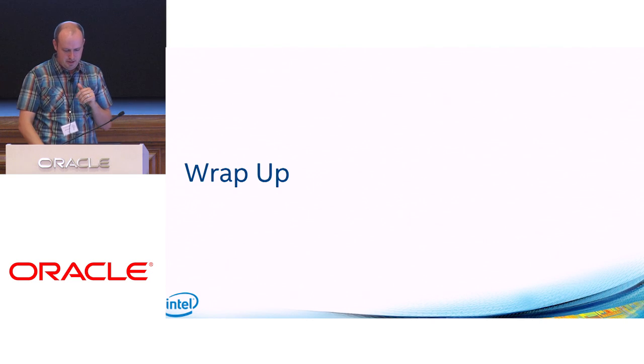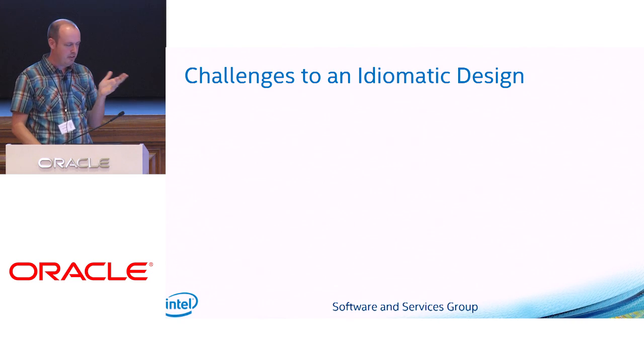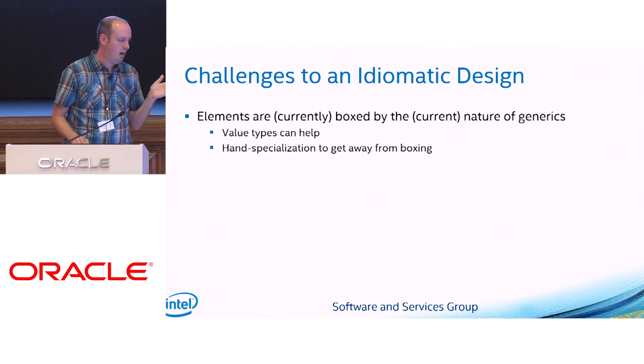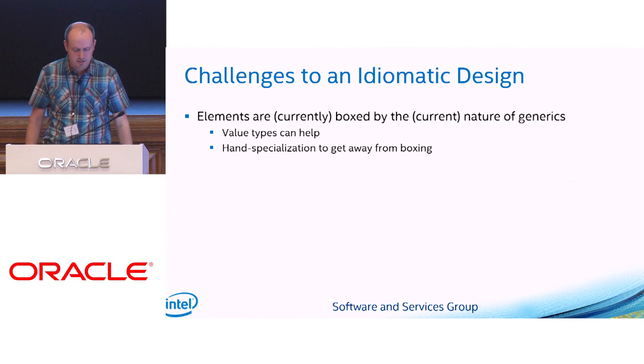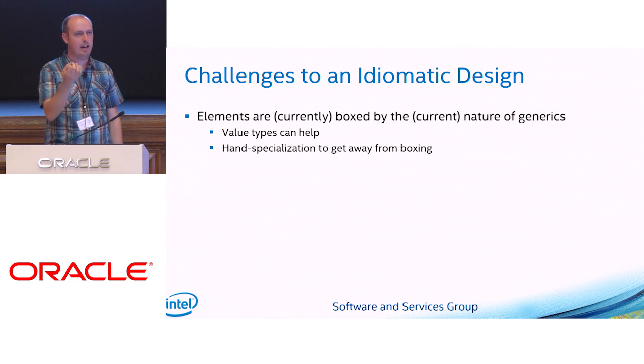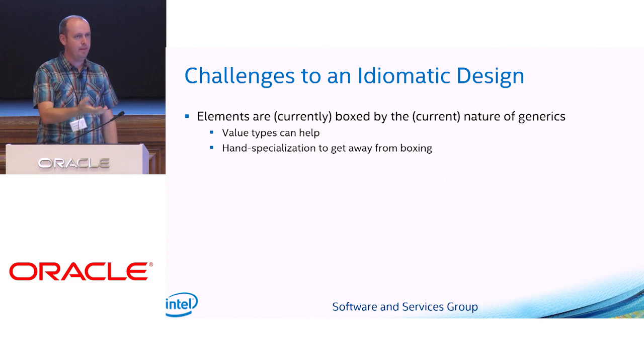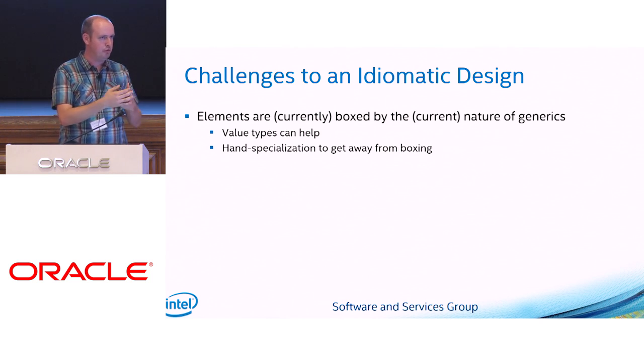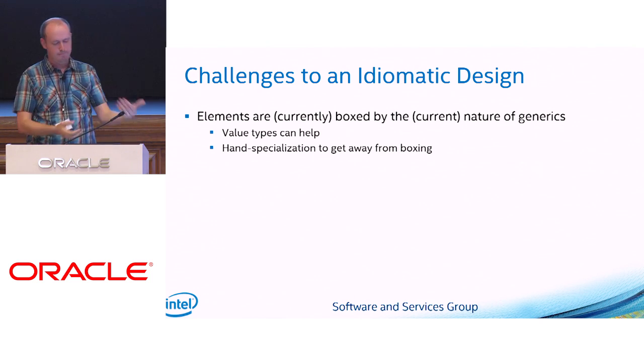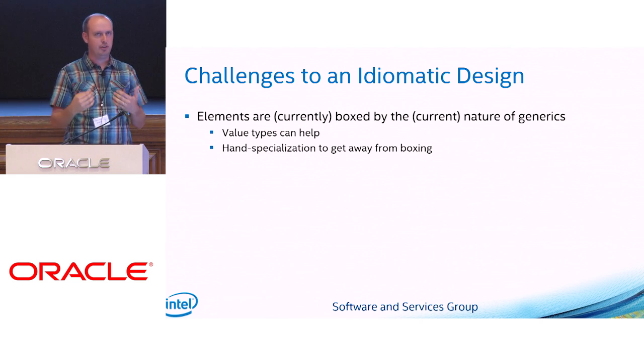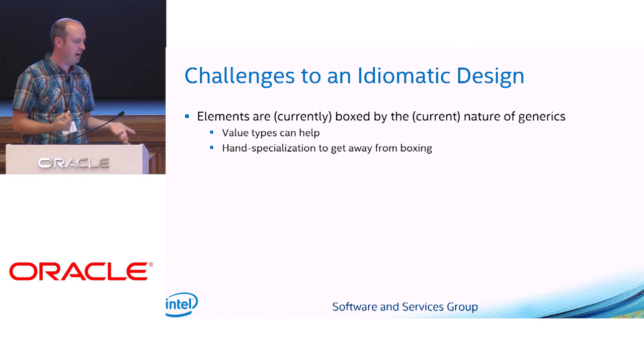So the wrap up. Some challenges to idiomatic design here. The boxed elements, and I mean not the long objects, but generics behoove box fields. So how can we reduce the complexity of our API knowing that value types are coming?